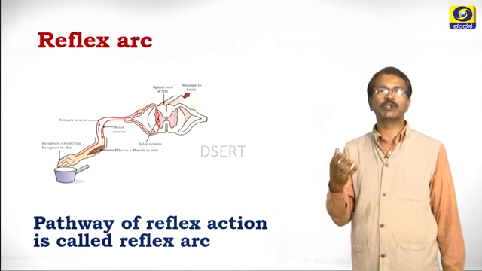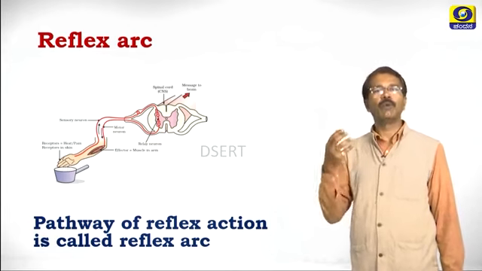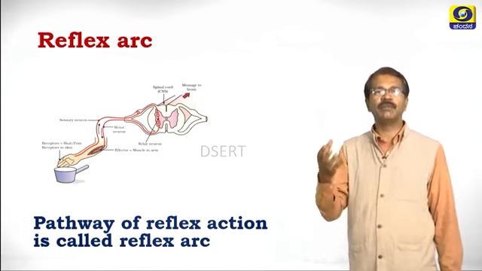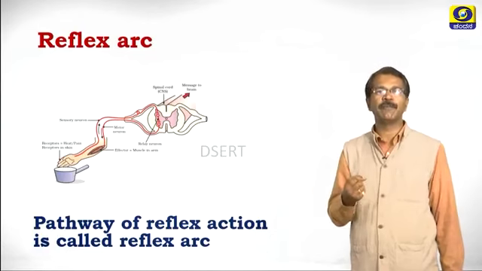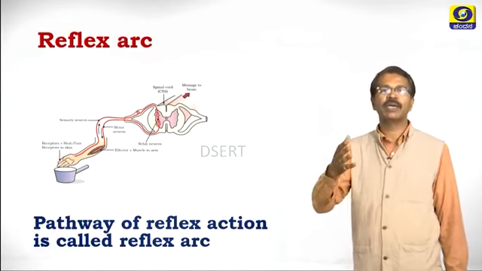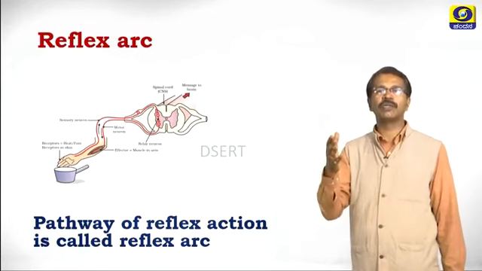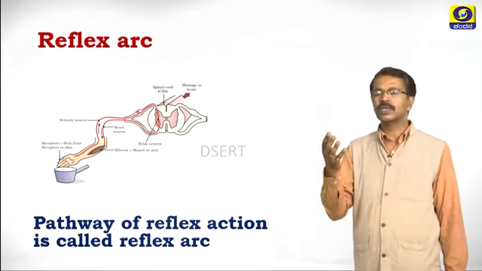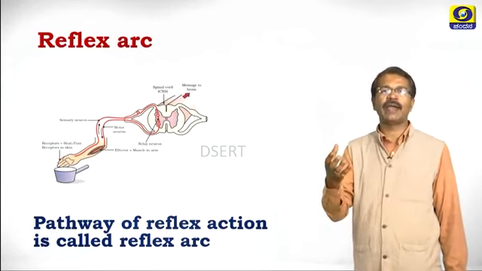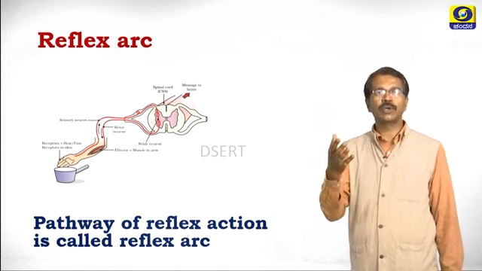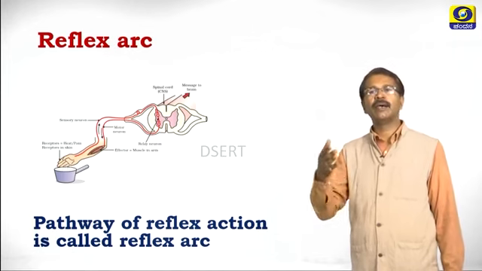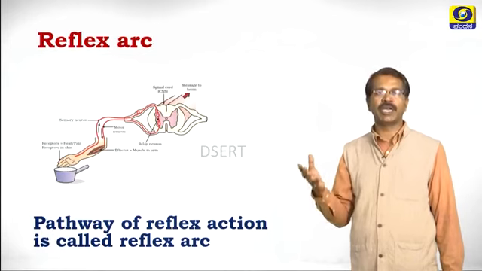It gives a message to the motor neurons. Motor neurons activate the muscles or part of the body. The part of the body that has to be withdrawn is the hand. So the muscles in the forearm or in the hand take action and move away from the hot object.